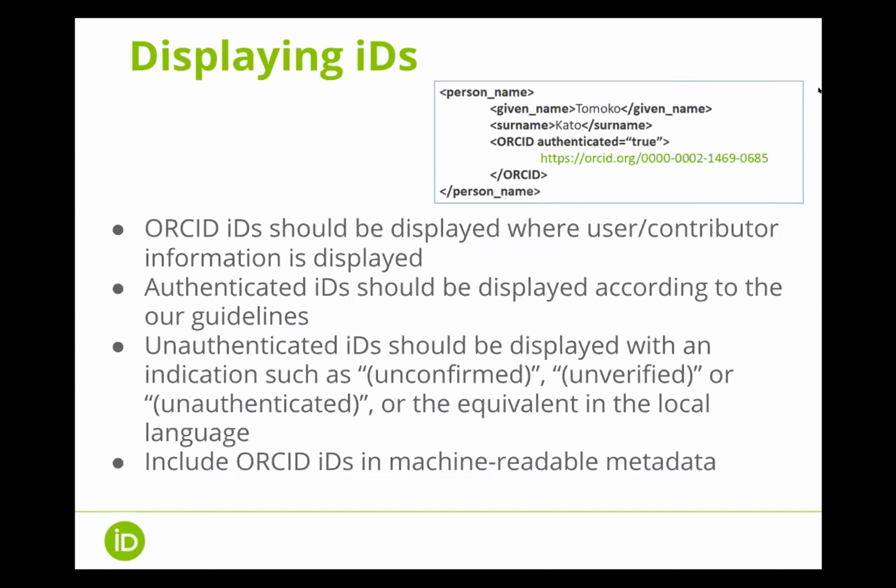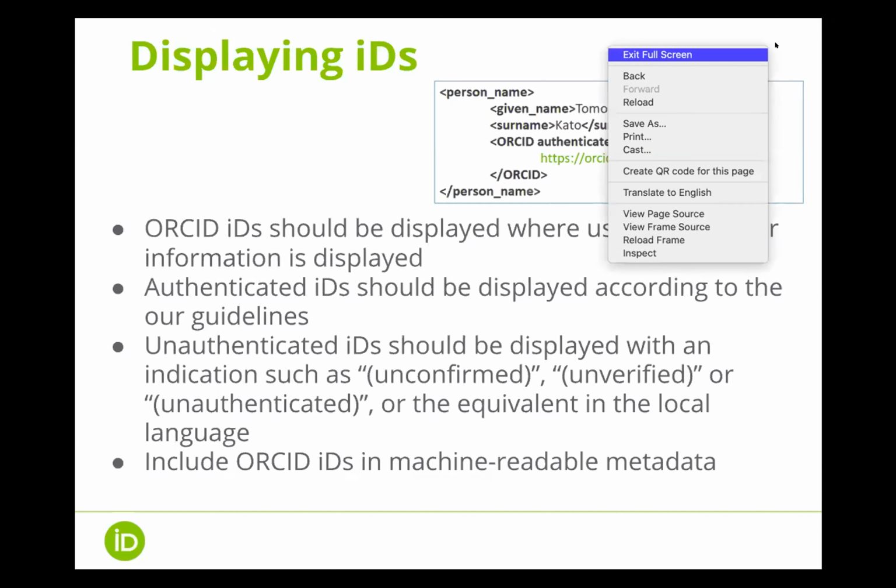I think this example is from Crossref metadata, as they have the attribute ORCID authenticated equals true. But it's very important that you embed the IDs you collect in the output metadata, so that this information is available for other integrators that can reuse the information.